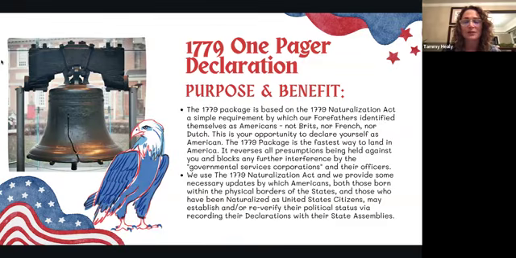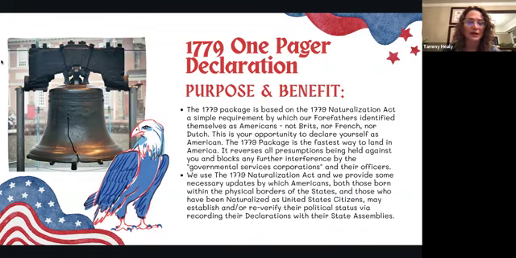It reverses all presumptions being held against you and blocks any further interference by the, quote, governmental service corporations, end quote, and their officers. We use the 1779 Naturalization Act, and we provide some necessary updates by which Americans, both those born within the physical borders of the states and those who have been naturalized as United States citizens, may establish and or re-verify their political status via recording their declarations with their state assemblies.